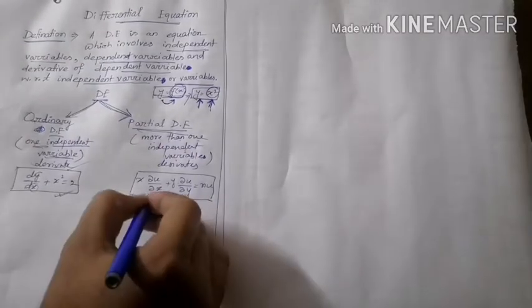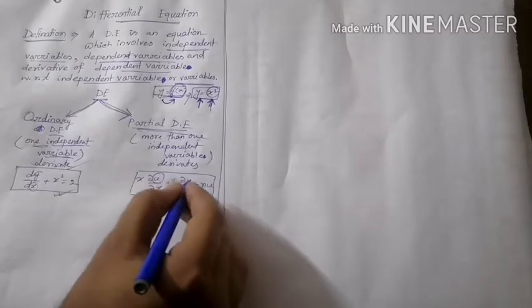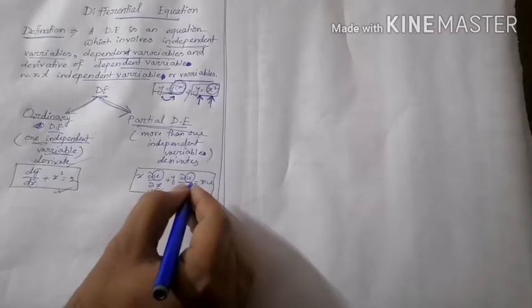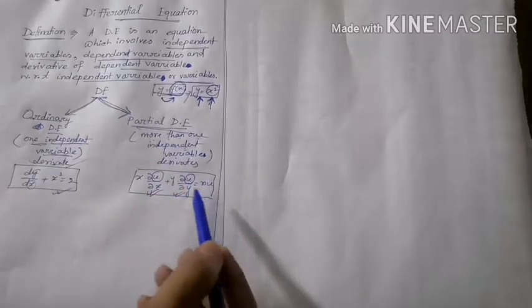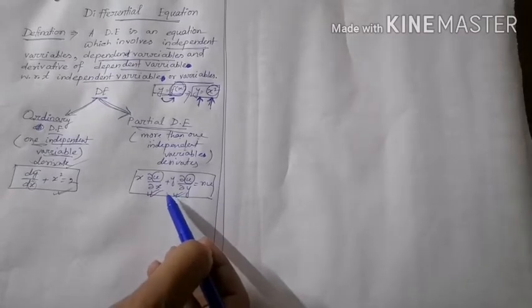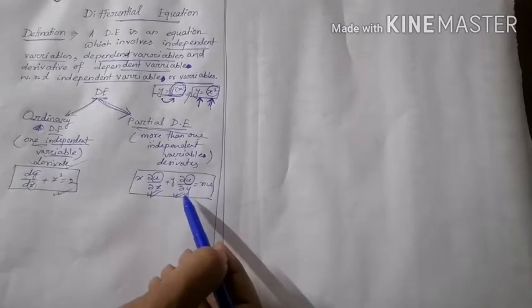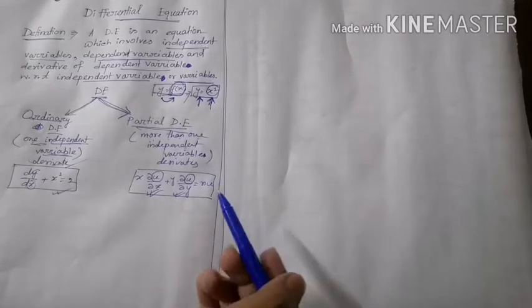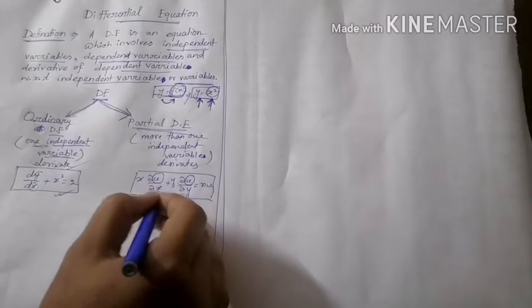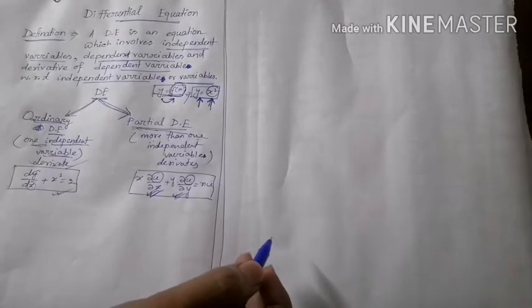The dependent variable is u, and u depends on two independent variables, x and y, and n is a constant here. So these are the differences between ordinary differential equation and partial differential equation.